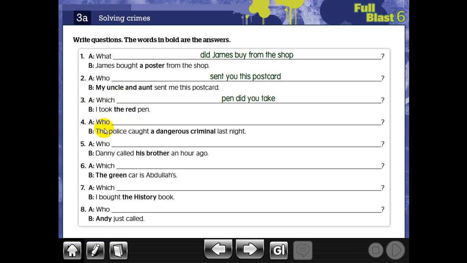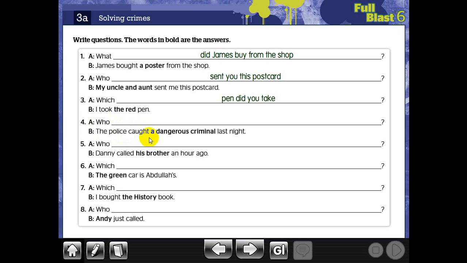Number 4. Who? The police caught a dangerous criminal last night. Here, dangerous criminal, subject or object? Object. So I make the form of the question for the object. Who, caught is past, so did. Who did the police? And the base form of caught is catch.